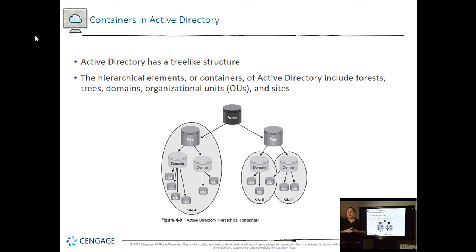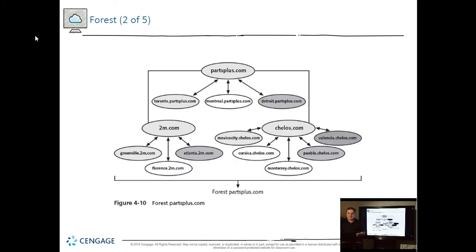Now, if you're going to go into a company where you're going to create multiple domain names from scratch, you probably want to rethink making your first domain name also the forest name. You may want to have a different forest name altogether. That makes more sense. So here's another picture of what a forest might look like. You see at the top you've got partsplus.com and you've got child domains underneath it.